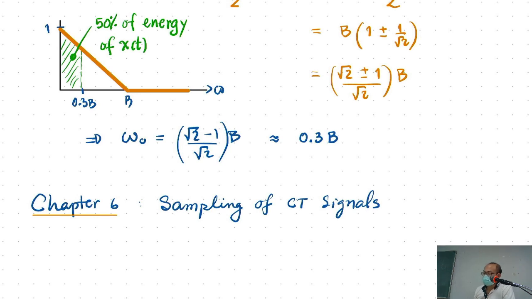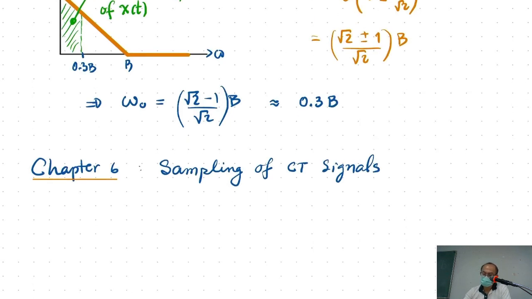Now the process of digitizing my voice has to begin with sampling of my voice signals. Sampling means converting from continuous time signals into discrete time signals.